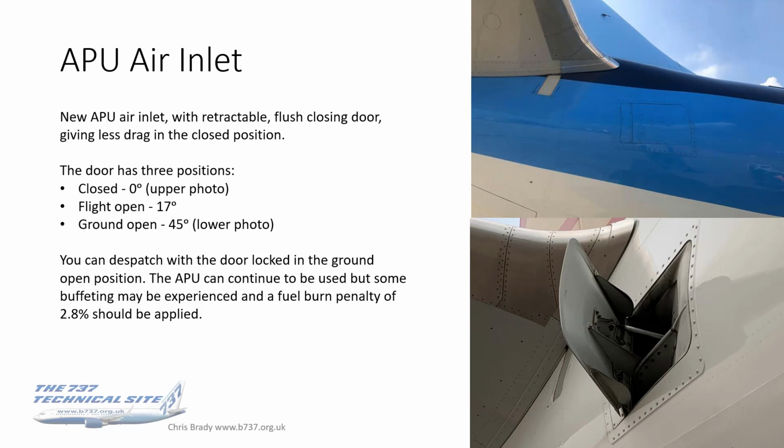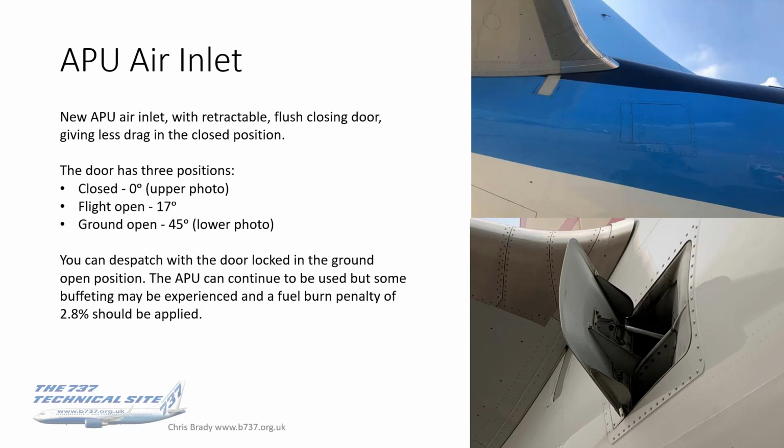I'd never even thought about it before. And apparently on the NG, because there'd be a pressure differential between the outside air at the back at the exhaust and at the front, that pressure differential would cause the APU to start windmilling in flight when it is not running, which is undesirable. So what they did on the NG was they leave the APU inlet door open slightly even when the APU is shut down.